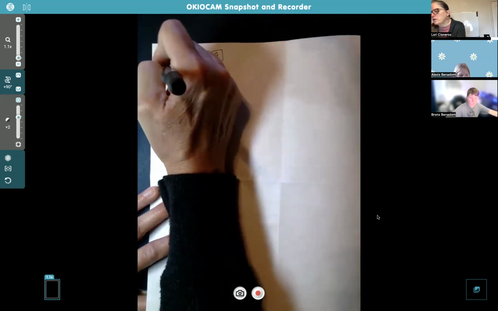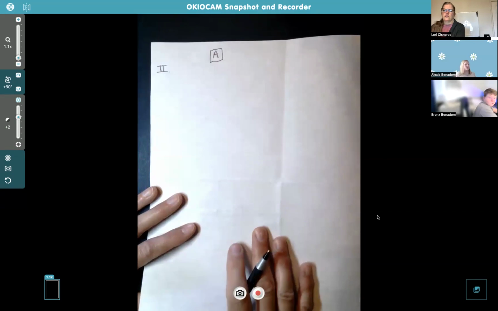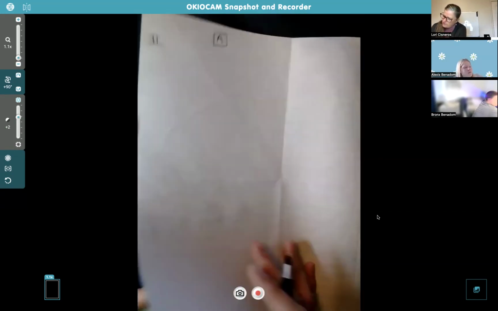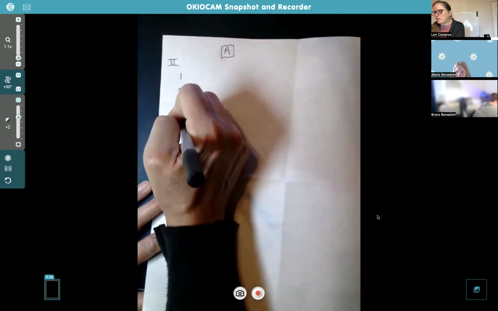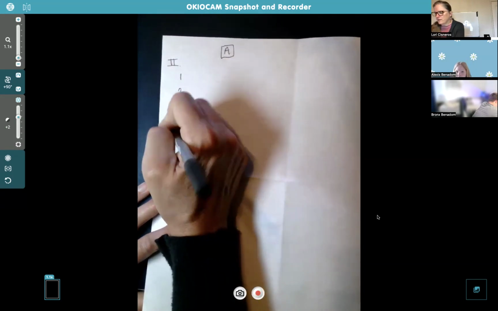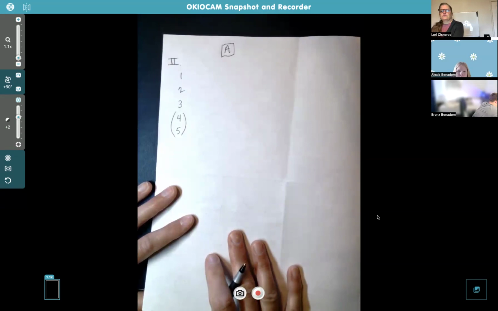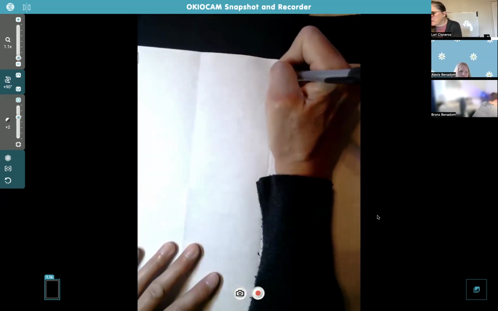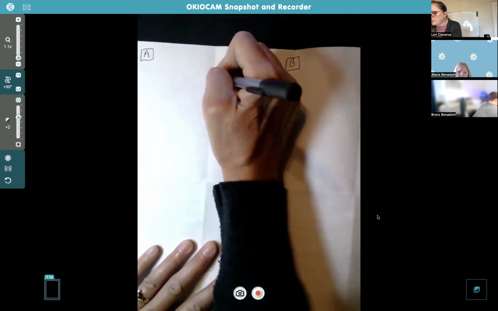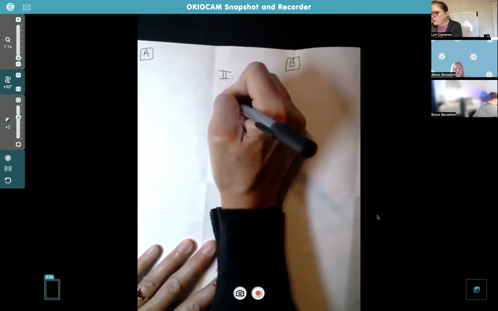And we're going to do Roman numeral 2. So A on the left, Roman numeral 2, and then 1 through 5. Same thing for B, Roman numeral 2, 1 through 5.